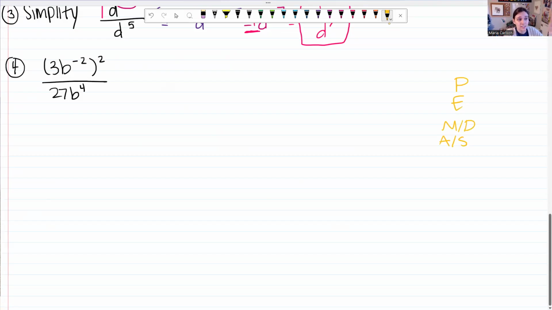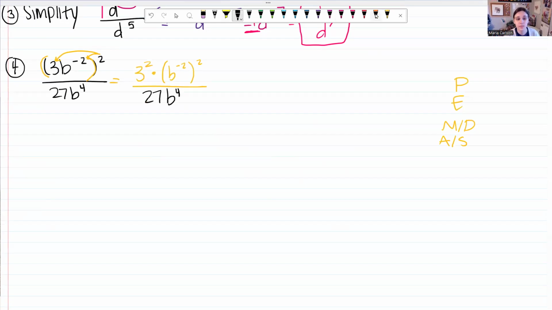And here I have an entire term, 3b to the negative 2 power squared. So I'm going to square that term by simply applying the 2 to both the coefficient and the b to the negative 2 power. So this is really 3 squared times b to the negative 2 squared all over 27b to the 4th.